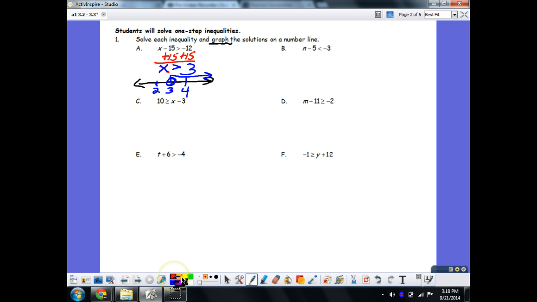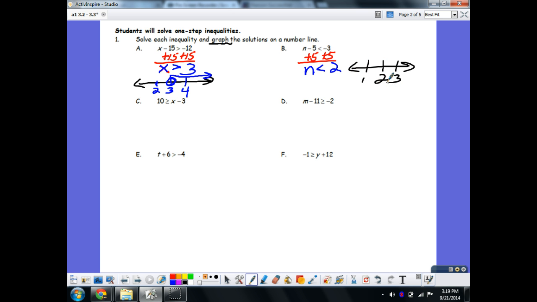Now, in example B, we will add 5 to both sides, and once again, by the addition property of inequality, we are left with n is less than 2, just bringing down that inequality symbol. And then to graph on the number line, we'll put a couple of numbers around 2.